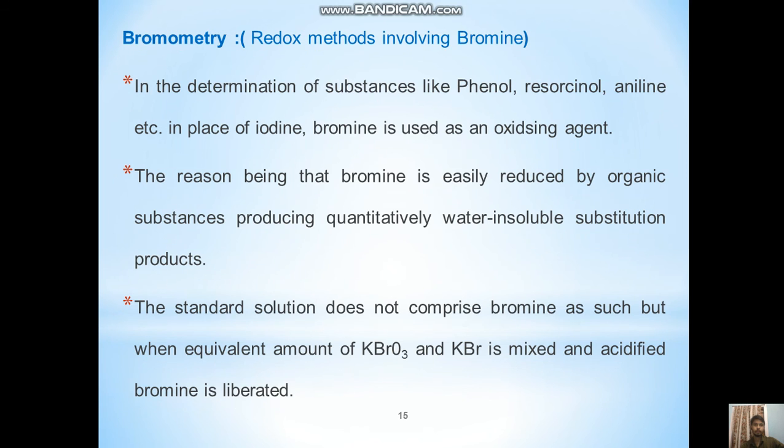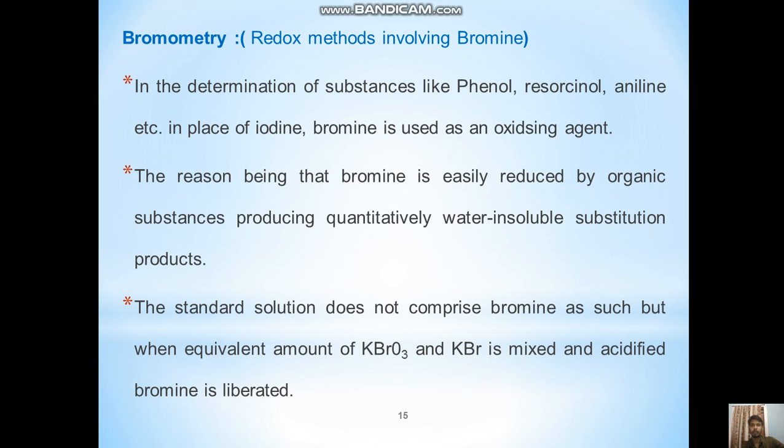After that we have bromometry. Bromometry involves the redox method of bromine, where reduction of bromine will occur. In the determination of substances like phenol, resorcinol, aniline, in place of iodine, bromine is used as an oxidizing agent.